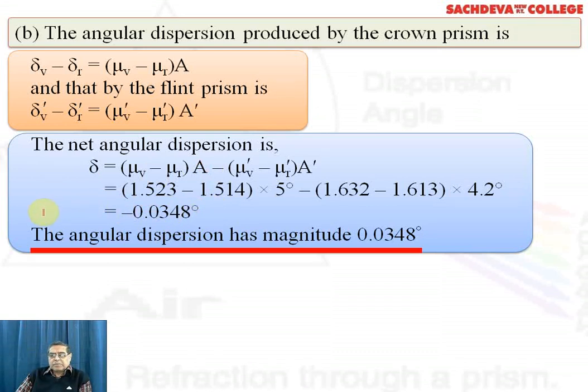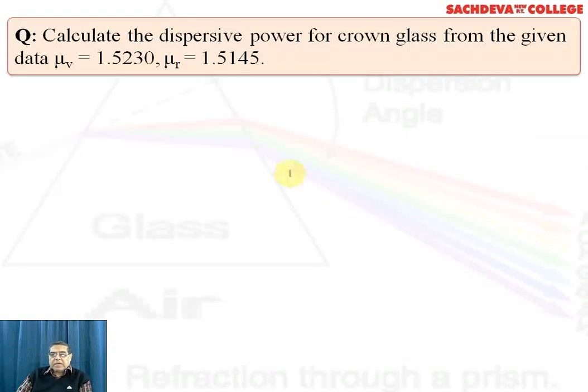So the angular dispersion has a magnitude of 0.0348. However, we are getting a negative number, but we are interested in magnitude, so magnitude has no sign. So the value of magnitude comes 0.0348 degrees. Now we come to the next question.